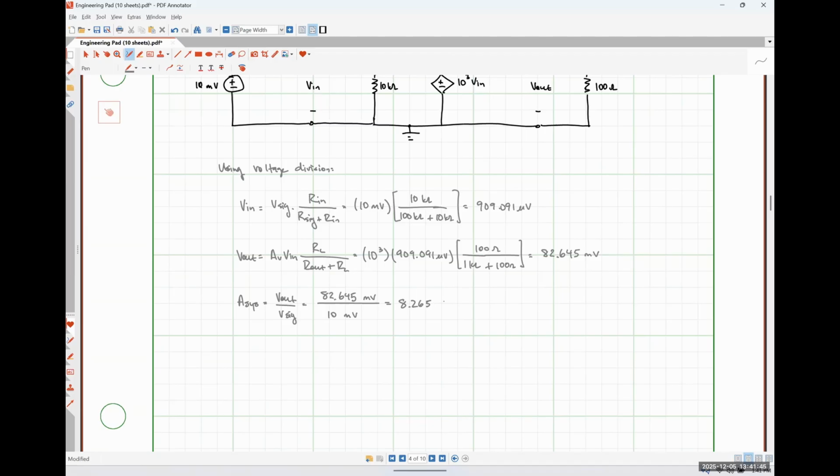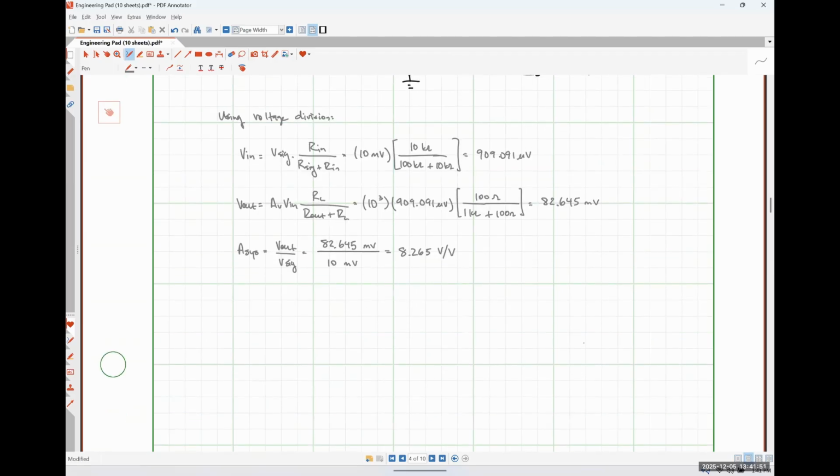I'm rounding here. Volts per volt. And lastly, my output power, PL here, still just going to be V out squared over RL.